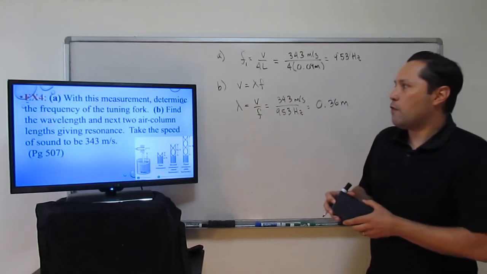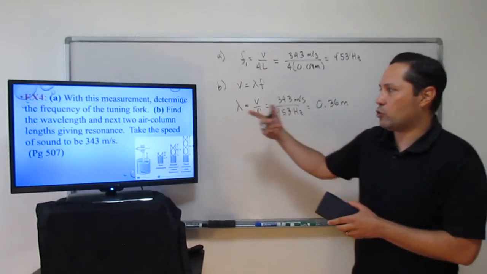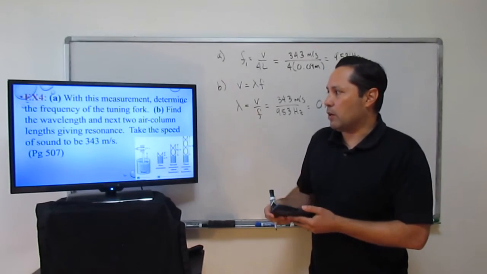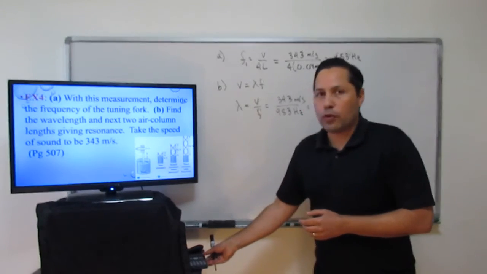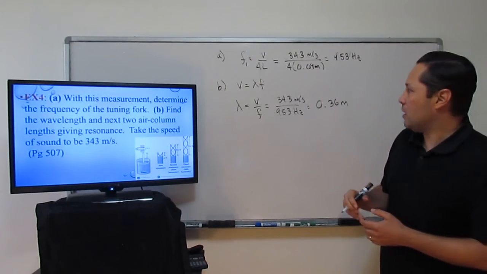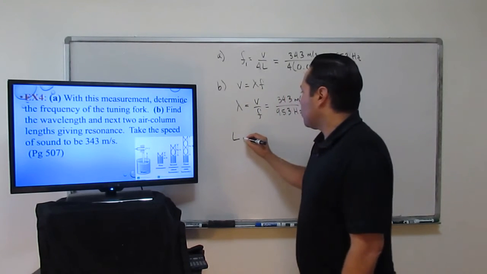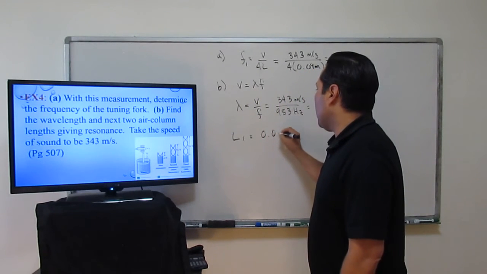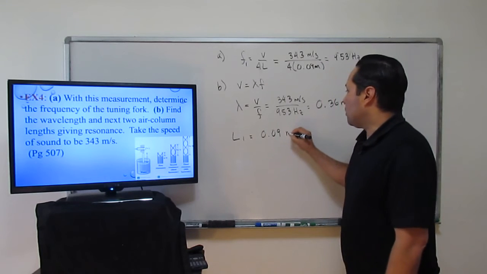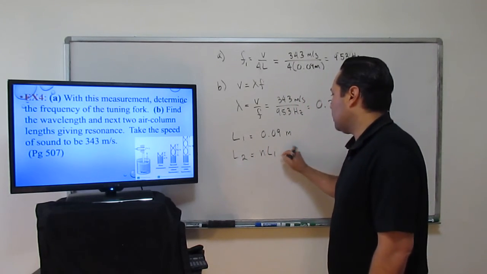Now next, find the length giving resonance for the next two air columns that will give us resonance. For that, we know what the length is, 0.09. So now it's going to be for the next two. If L1 equals 0.09 meters, then L2 is equal to N times L1.